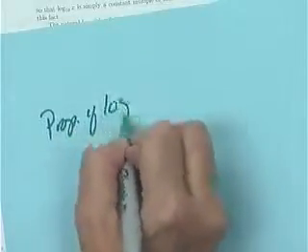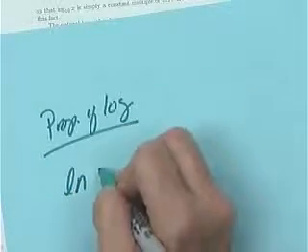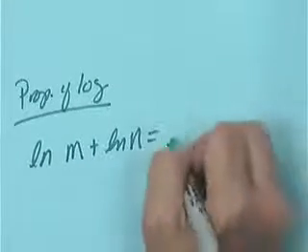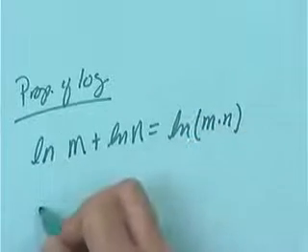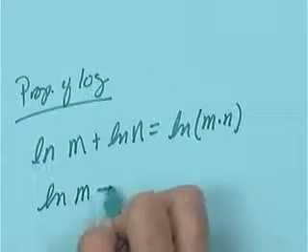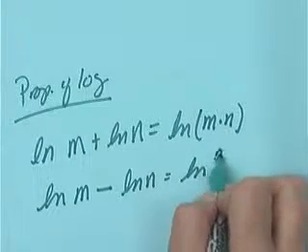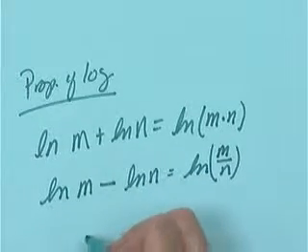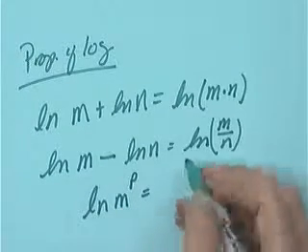Remember we had some properties of logarithms from pre-calculus: natural log of m plus natural log of n is equal to natural log of what? M times n. Natural log of m minus natural log of n is equal to natural log of m divided by n. And then the one that I'm trying to get to was a third property, which is natural log of m raised to the p. What is that?